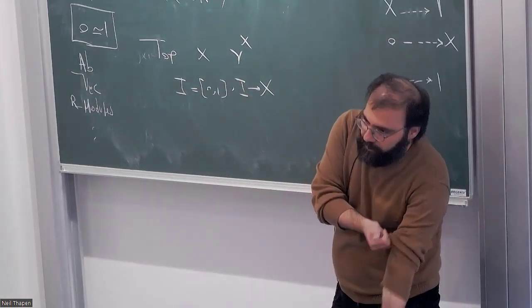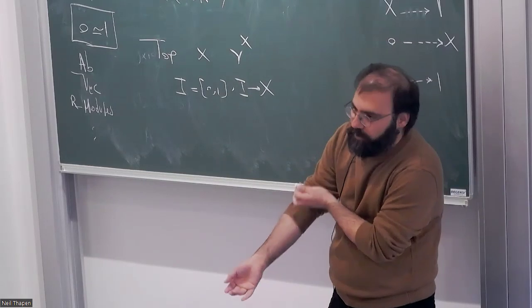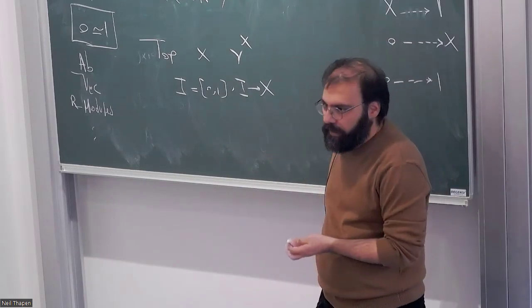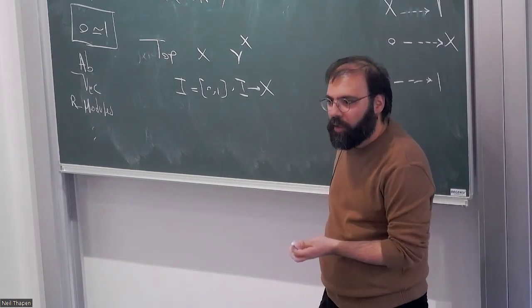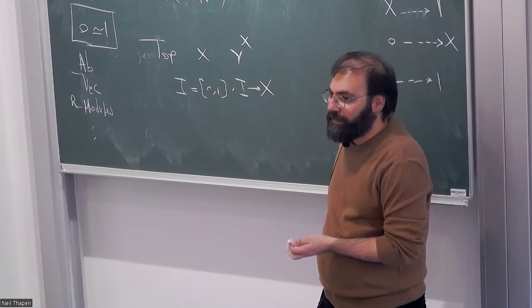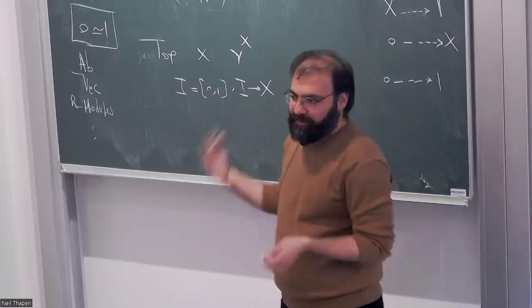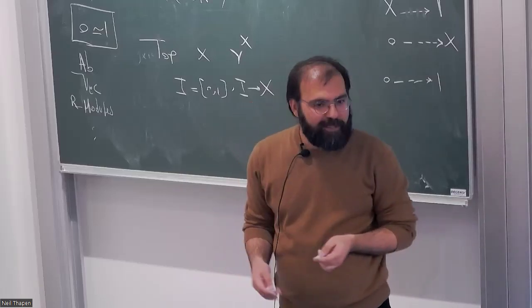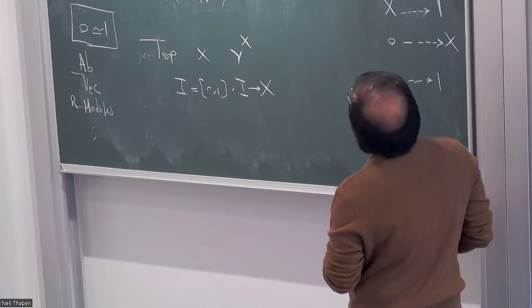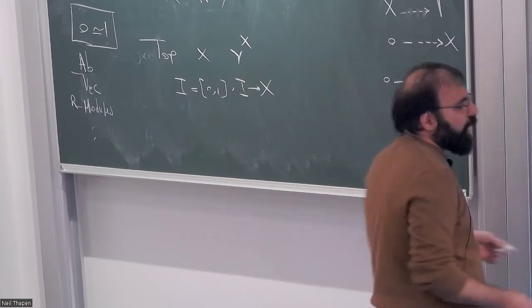It is handy in homotopy theory to have the function space. It's not that easy, so I cannot just explain. So, okay, these are the things, and now I have to say.